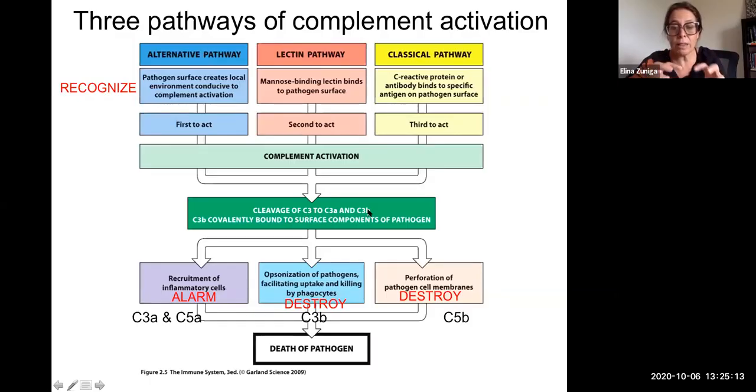This will then result in an alarm to the body that there is a pathogen by recruitment of inflammatory cells, or by destruction of the pathogen by opsonization, uptake of the pathogen, or by perforation of the pathogen membrane.